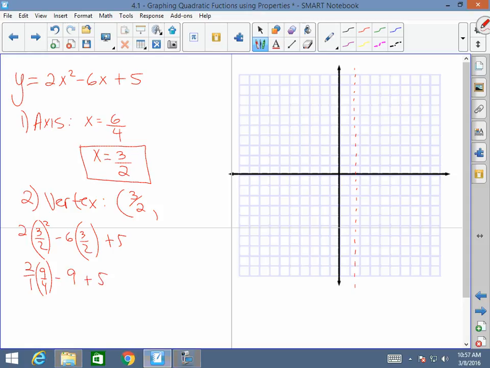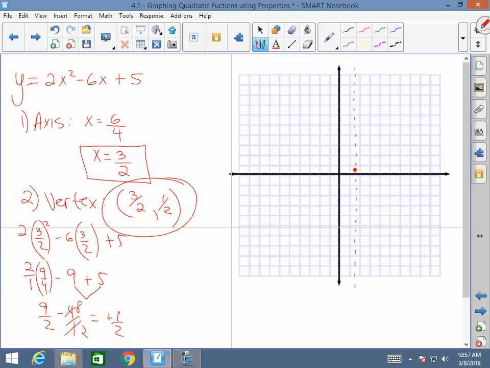Negative 9 plus 5 is negative 4. Common denominator is 2, so this goes to 2, this goes to 8. So that equals positive 1 half. So my vertex is 3 halves, comma, 1 half. I'm going to graph my vertex, which is about right here. Is that exact? No, but I know that it is exact because you gave me the exact value there. I had to graph an estimate.